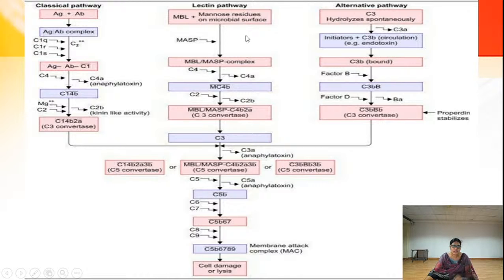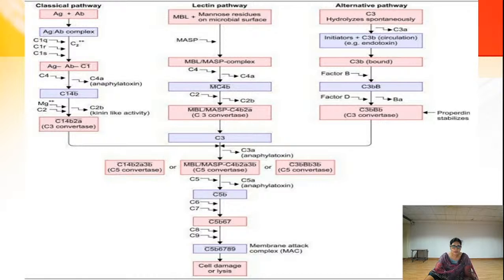Here the only difference between classical pathway and lectin pathway is that C1 is absent in lectin, in which place we have the MBL MASP complex. MBL MASP complex means mannose binding lectin, which is bound to one protease, because it should have the protein lysing activity.